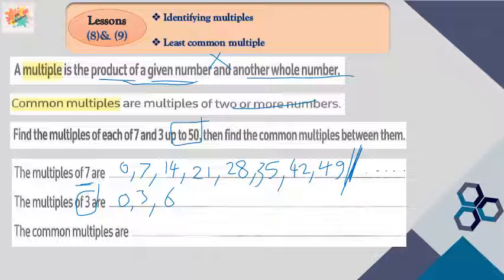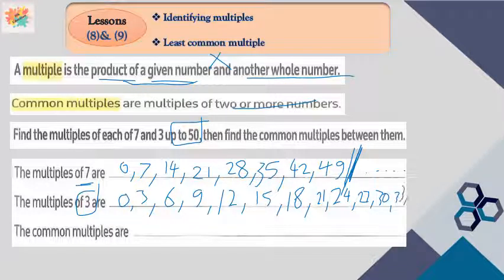So 3 by 1, 3 by 2, 3 by 3, and so on: 3, 6, 9, 12, 15, 18, 21, 24, 27, 30, 33, 36, 39, 42, 45, 48. We reach 50 and stop.